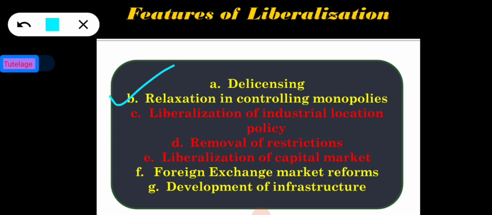In order to make deregulation more effective, restrictions on the functioning of monopolies have been relaxed. Monopoly houses are no longer required to seek prior government approval for expansion and establishment of new industries. The emphasis has now shifted to controlling and regulating monopolistic and restrictive unfair trade practices by taking action against offenders so as to safeguard the interest of consumers.